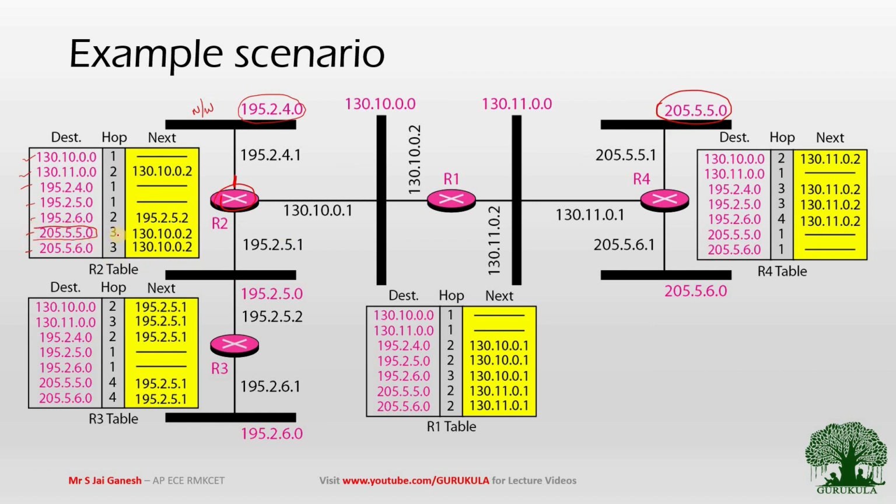205.5.5.0 can be reached with 3 hops. Let us see how this is done. If this network wants to send data to this network, then the data will be forwarded to this interface, 130.10.0.2. This router only knows that any packet destined for 205.5.5.0 has to be sent via this particular link.